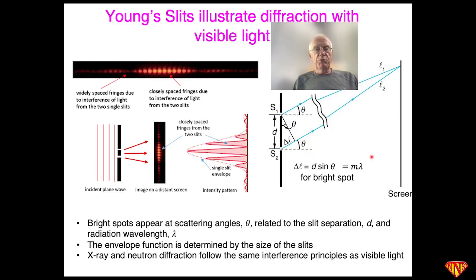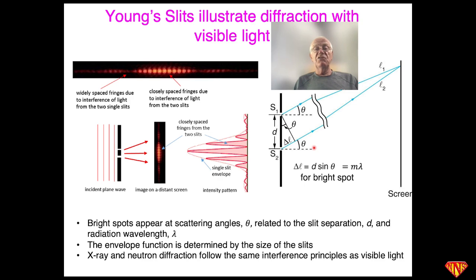There's one important thing that I want to warn you about on this view graph. In almost everything you will see subsequently in this school, the scattering angle, that is the angle between the incident radiation, which in this case is coming perpendicular to the screen, and the scattered radiation, is called the scattering angle. We do not, in X-ray and neutron crystallography, usually designate that as theta.